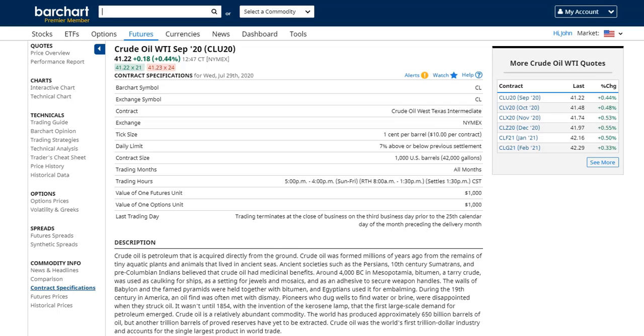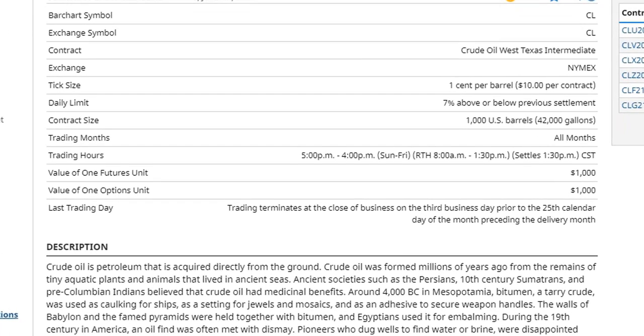We're not putting up money to actually buy barrels of crude oil. What we're doing is entering into an obligation, and that obligation is how the futures contract is derived. Here's how it's priced: 1 cent per barrel, and every 1 cent change in my contract, the tick size, will change the value of my contract by $10.